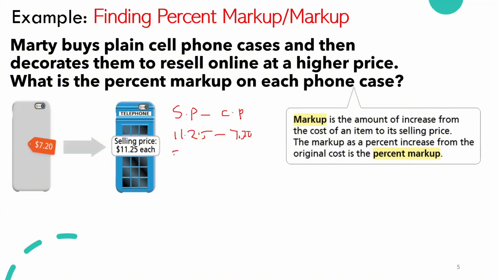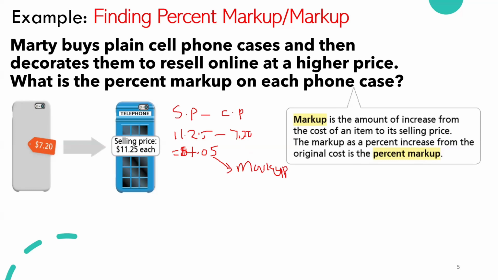When we find the difference between these two, it's $4.05. So there has been a markup of $4.05. This is known as our markup, the difference between the two prices. If the question asks, what is the markup? This would be your markup, the difference between the selling price and the cost price.